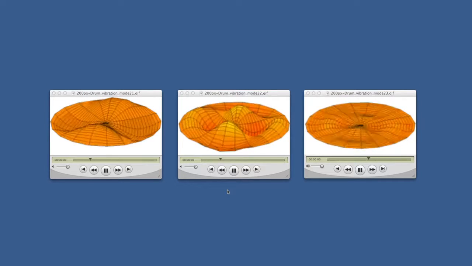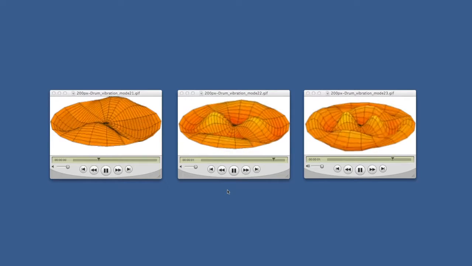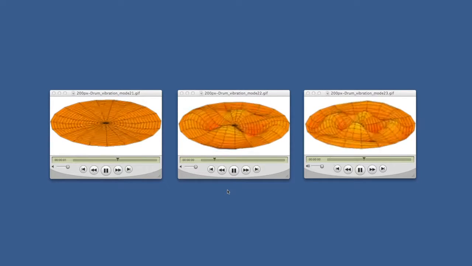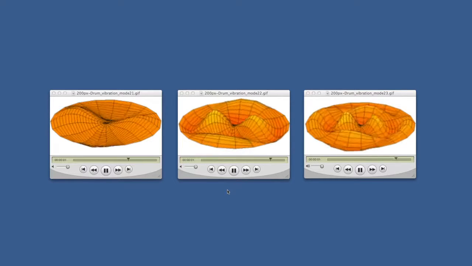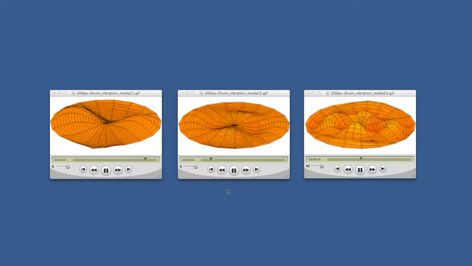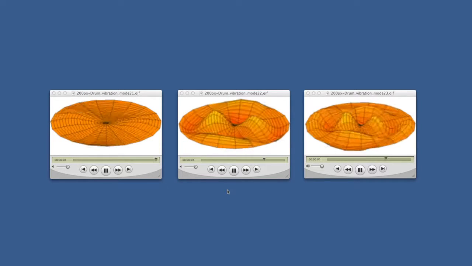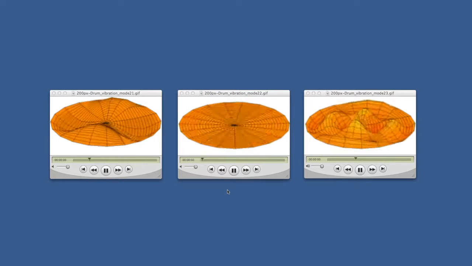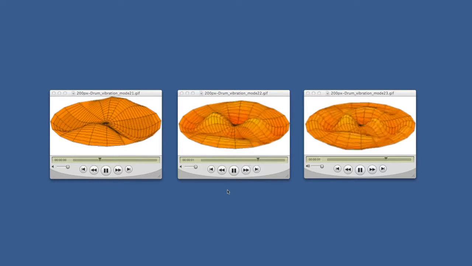And there is enough richness in these shapes to be able to synthesize an arbitrary function, or an arbitrary displacement over the drum head can be synthesized as a sum of these shapes that we are seeing. So this is a complete description. When we take enough of these modes, we can describe any arbitrary variation and so on.